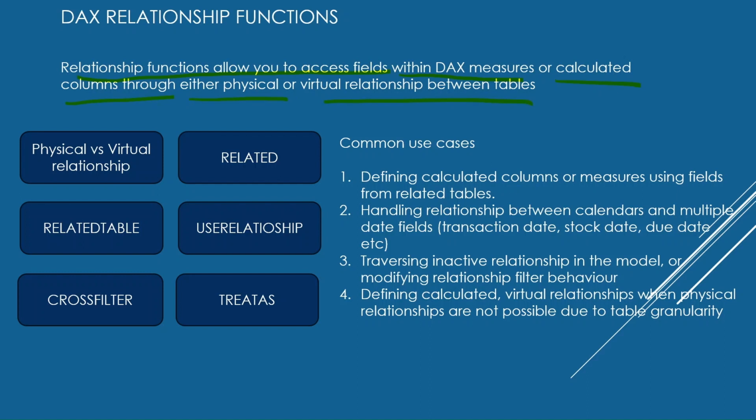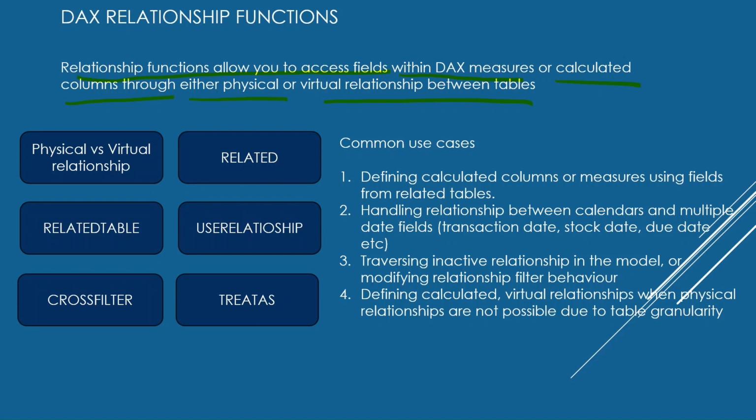It means that suppose we want to create a measure or a calculated column, and we want to access fields which are present in another table, but there is a relationship between those tables.